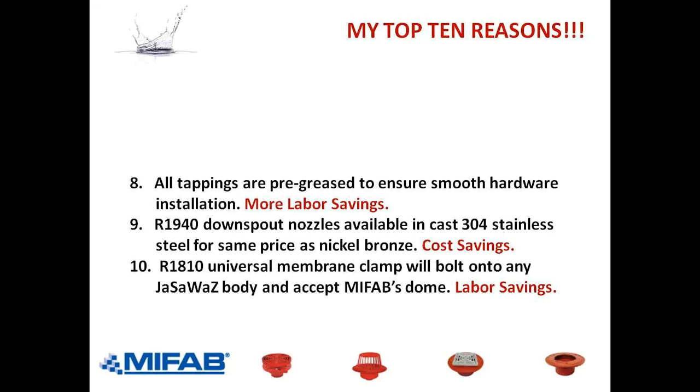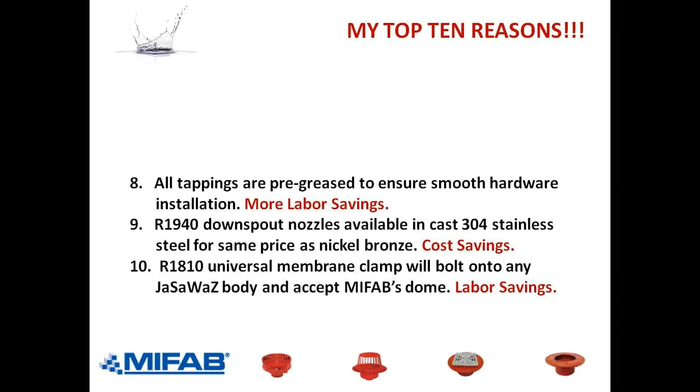Number 8, all of the tappings on the A1, A2, A5 bodies are pre-greased. The tappings I'm referring to are the top of the flange where the membrane clamp bolts to the top of the body. There are 3 tappings in the top of that flange. They are pre-greased to allow for smooth threading of the bolts to bolt the ring to the top of the body.